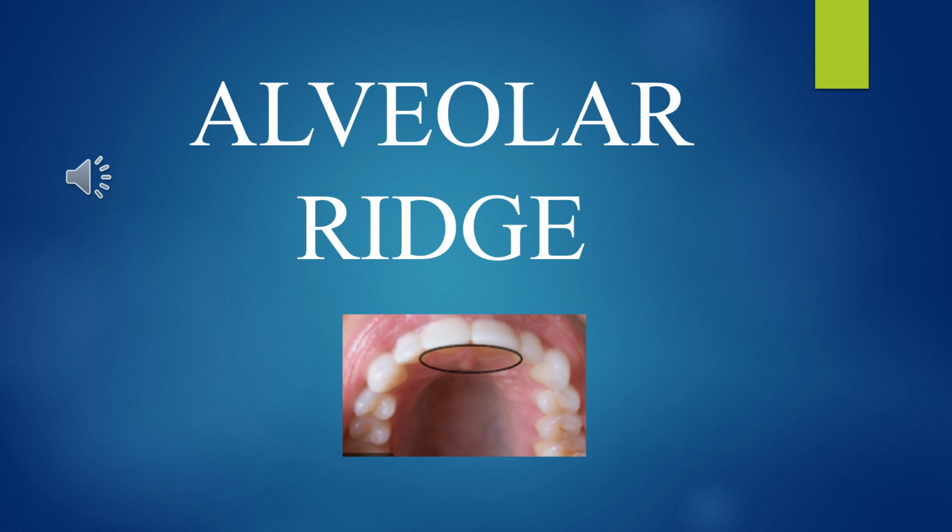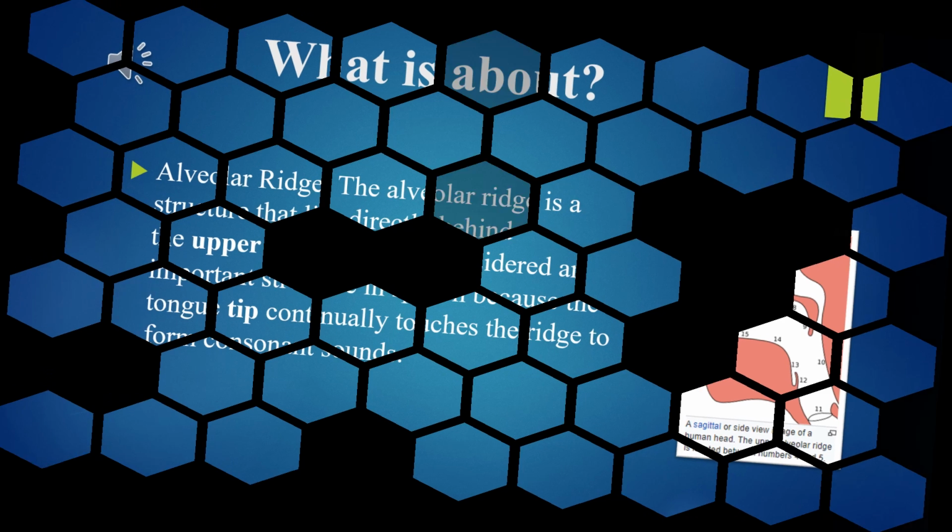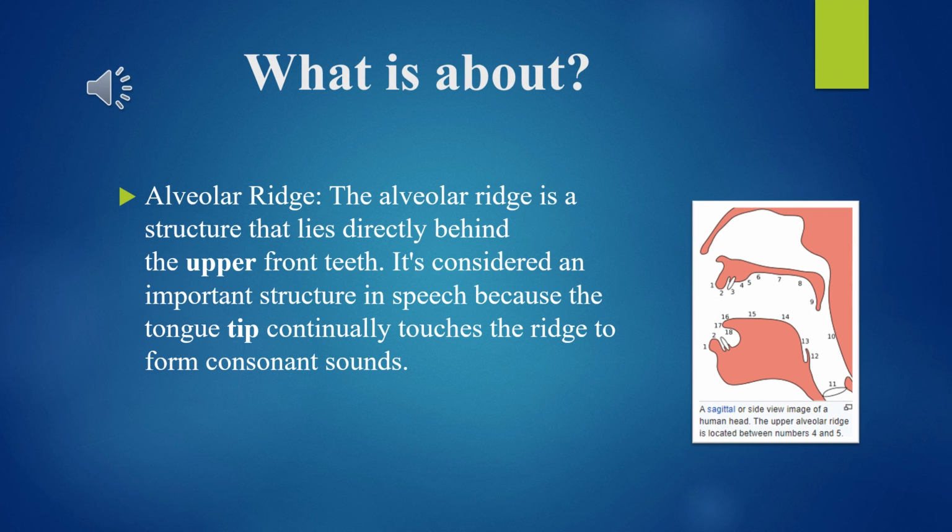Alright, only because you want to know more about it, I'll talk about the alveolar ridge. What is this about? The alveolar ridge is a structure that lies directly behind the upper front teeth.